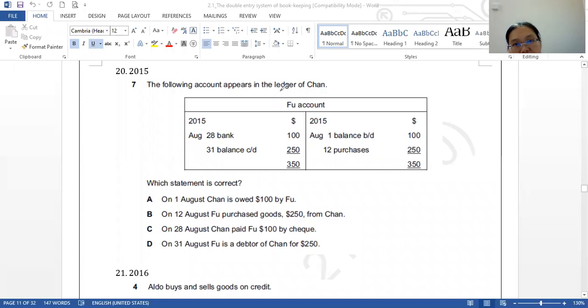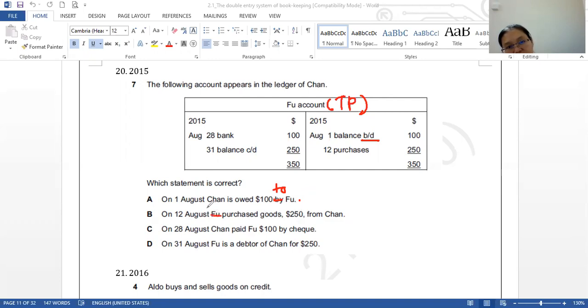The following account appears in the ledger of Chan. Fu, this one, credit side. So this will be the trade payable to Fu. Which statement is correct? On 1st August, Chan owed 100 to Fu. Okay, next. On 12th August, Fu purchased goods.